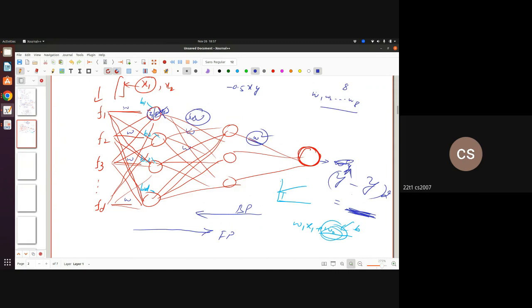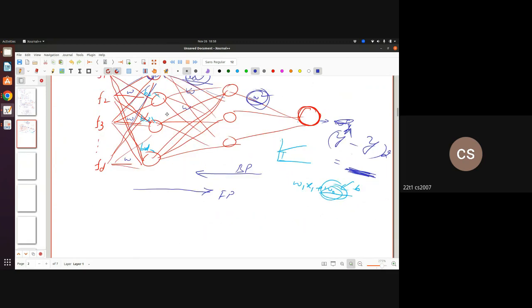So basically, if there is no activation, what we are eventually doing is F1 into some weight, and then F2 into some weight, F3 into some weight, F4 into some weight, right? And we get Z1. And then Z1 is passed here, and then some weight is further multiplied with that Z1, and then some other weight is further multiplied with Z1. It's just different weights which are getting multiplied with the feature values, isn't it?